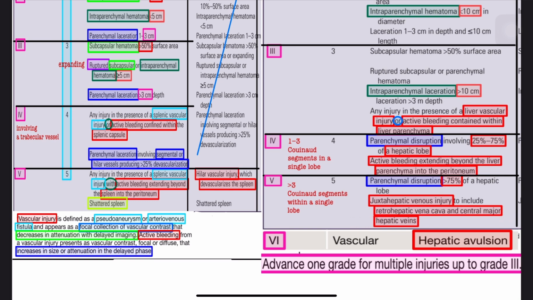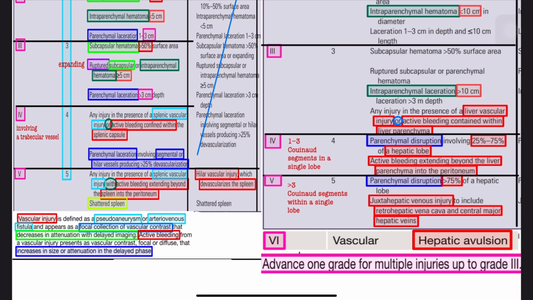In the old edition there was grade 6 of liver, and Bailey is still mentioning it, that's why I have also put it here. Grade 6 they say is hepatic avulsion, but recently they have removed grade 6. In both, the maximum grade is 5 only.